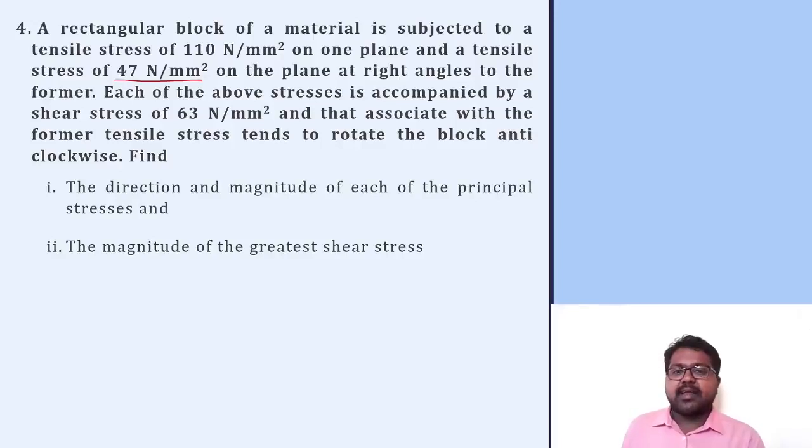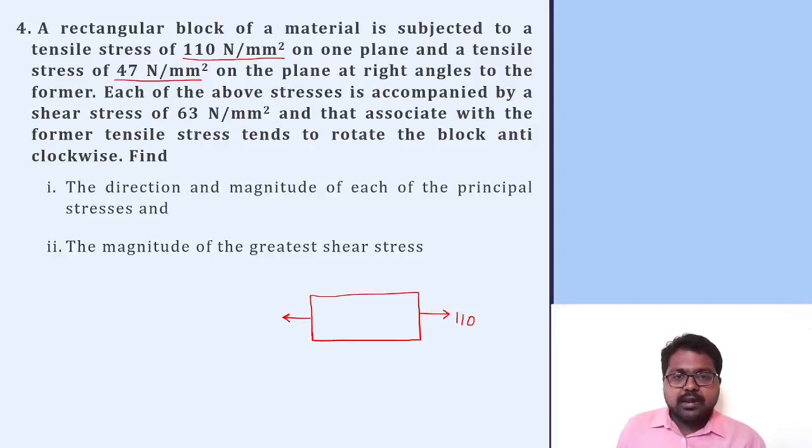So if you take a rectangular block like this, on this rectangular block, first a tensile stress of 110 Newton per mm square is acting like this. And then a tensile stress of 47 Newton per mm square is acting on the plane perpendicular to the previous plane.